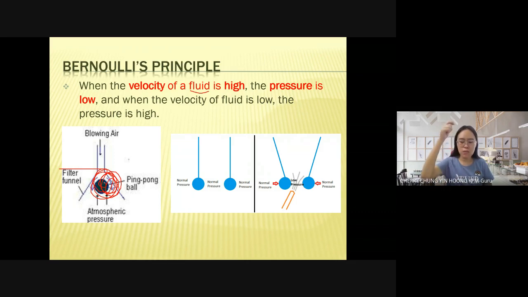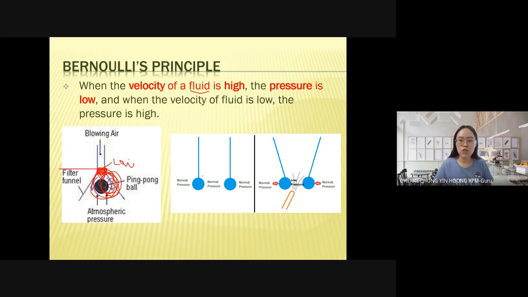Because when the air is blowing in, it produces high velocity of air, so creating low pressure at this area. 这个 area 是 low pressure. So higher atmospheric pressure will press onto the ball so that the ball spins in between the filter funnel.